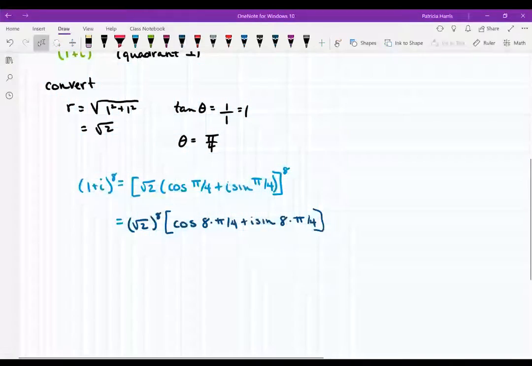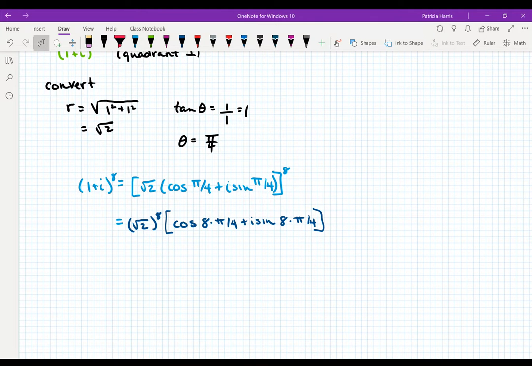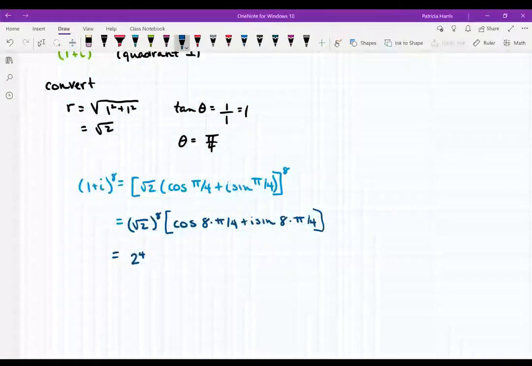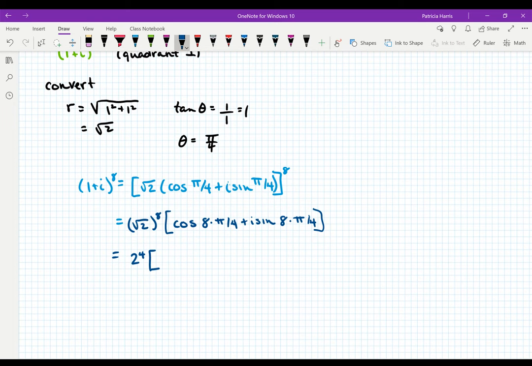Okay, so radical 2 raised to the 8th is the same thing as 2 raised to the 4th. Okay, which would be, that's not a 24, that's 2 raised to the 4th. 8 times pi over 4 would be the same as 2 pi.